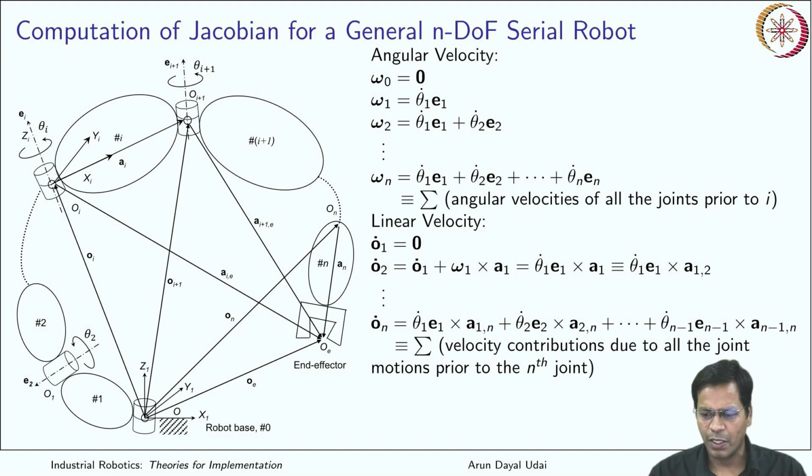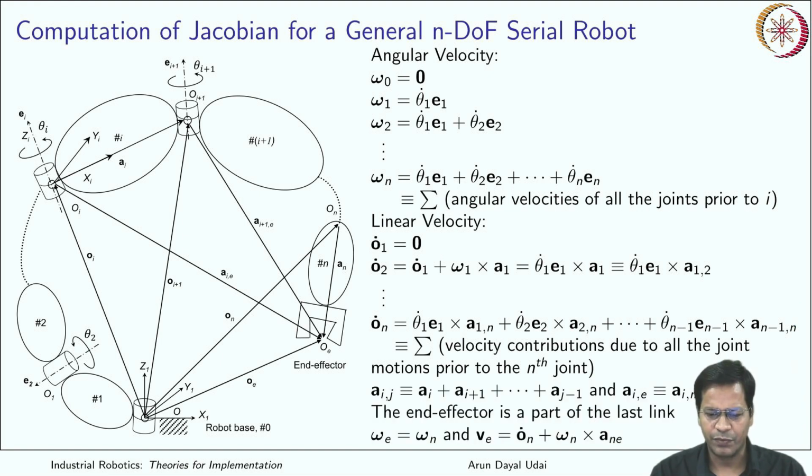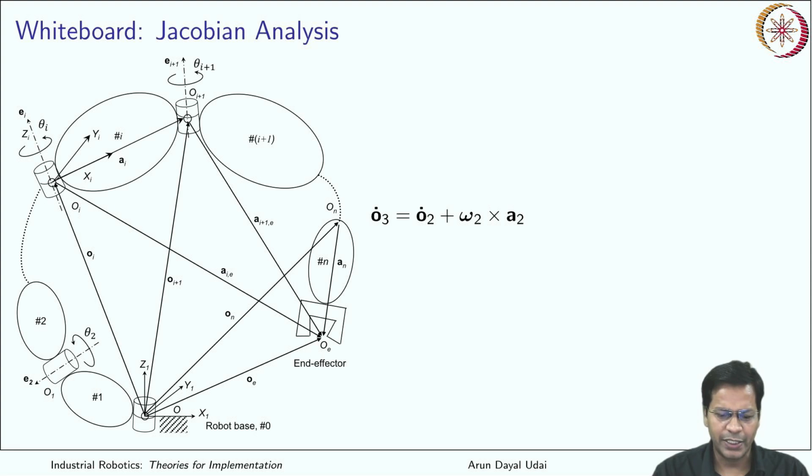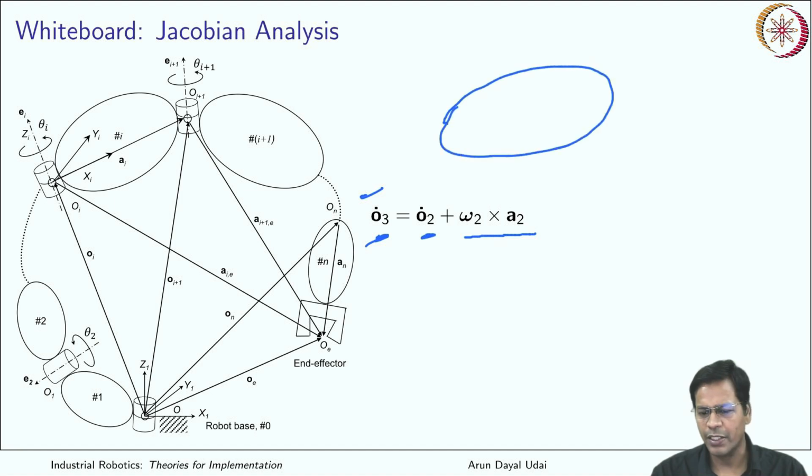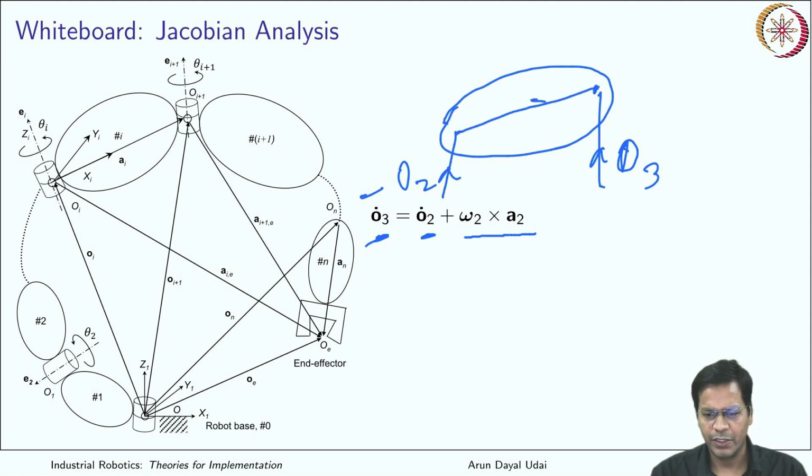Before we come to this point, let us discuss it in a different way. For any joint, let's say 3, O3 dot will be O2 dot plus omega 2 cross A2. So let us say this is your third link. This is your O3 vector, this is your O2 vector, and then you have a vector which is A2. This is your second link.